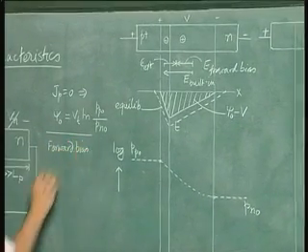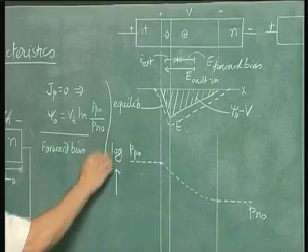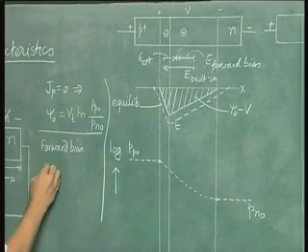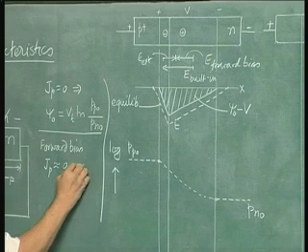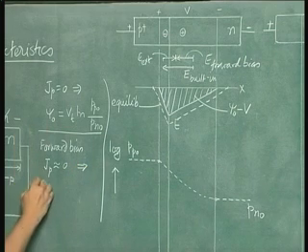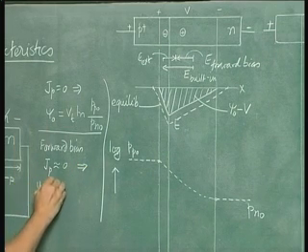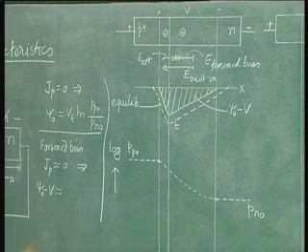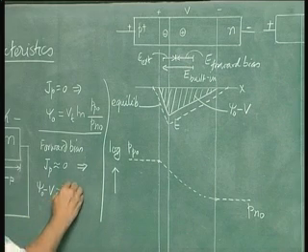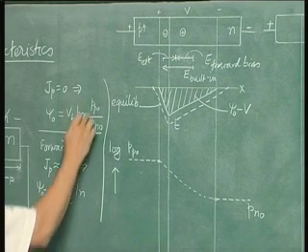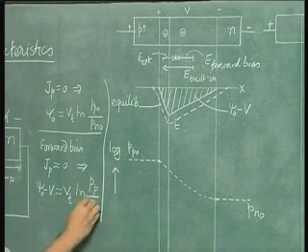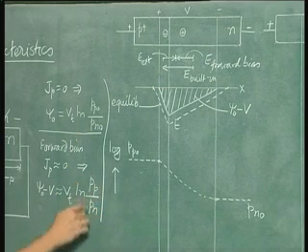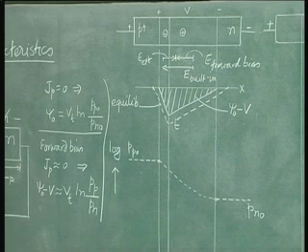Forward bias, Jp approximately equal to 0, which means the left hand side psi naught minus V is approximately equal to the right hand side Vt ln, now Pp0 will change to Pp and Pn0 will change to Pn, that is the non-equilibrium values.